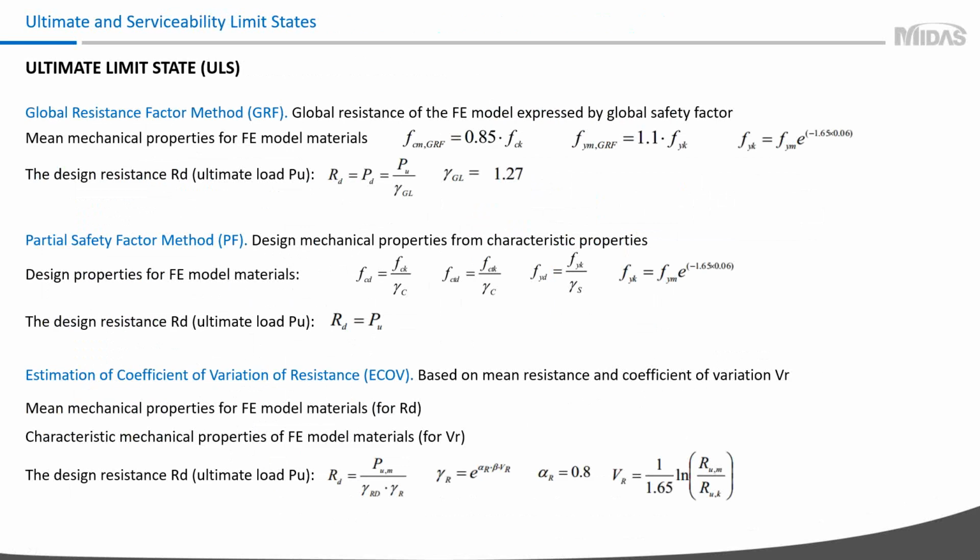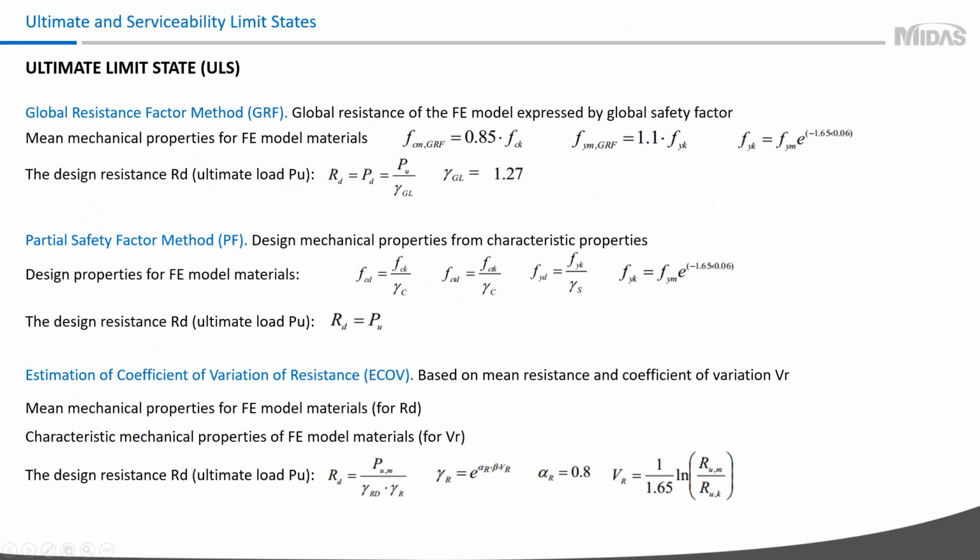Now, ultimate limit state. In nonlinear finite element analysis using Eurocode 2, you can obtain a design resistance of a structure by selecting one of 3 ways. The first way is based on the global safety factor.